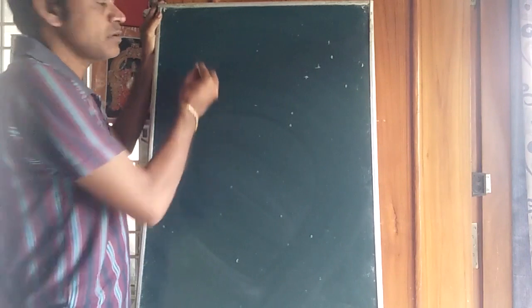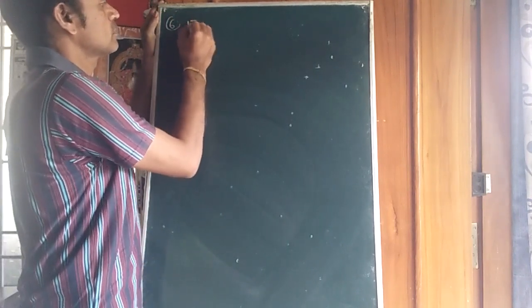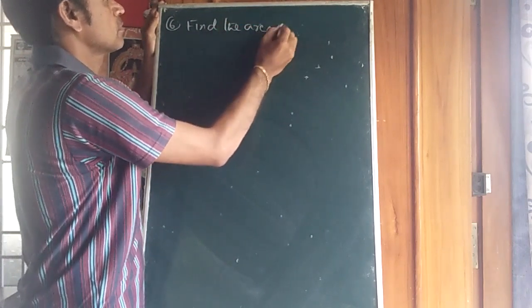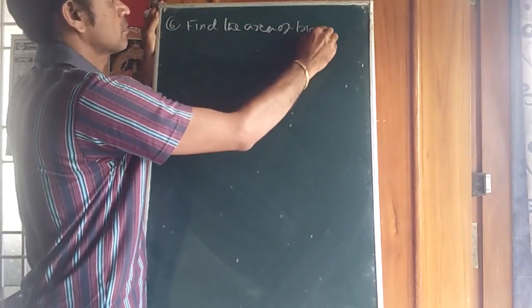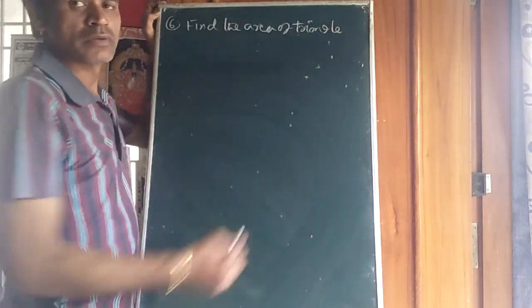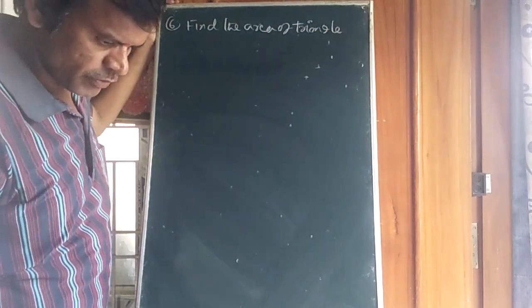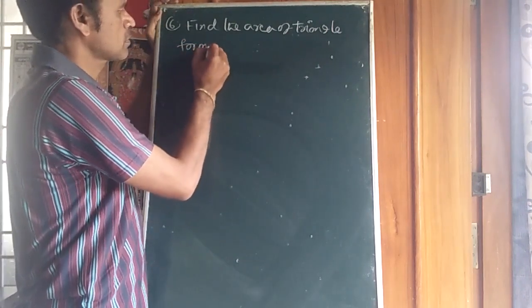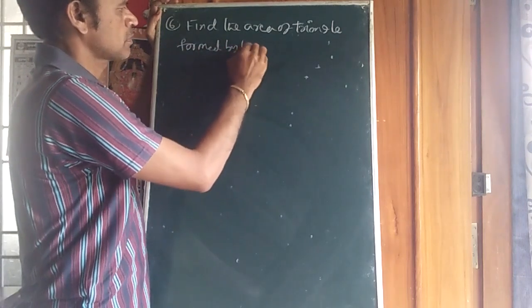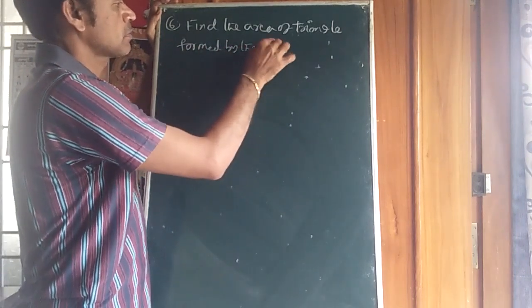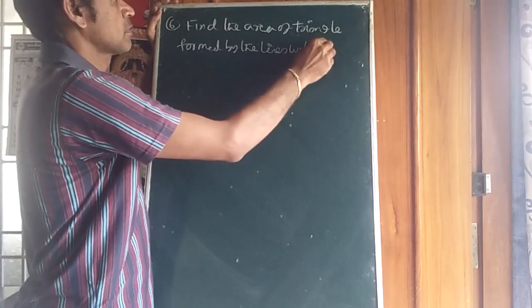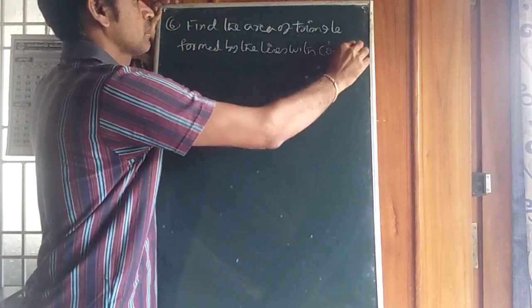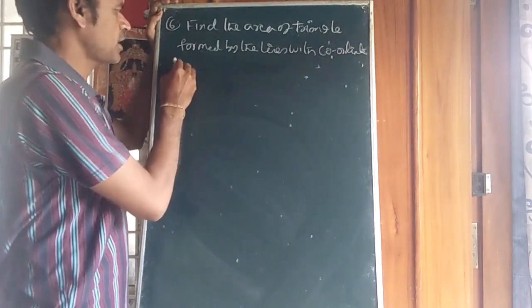Find the area of the triangle formed by the lines with the coordinate axis.